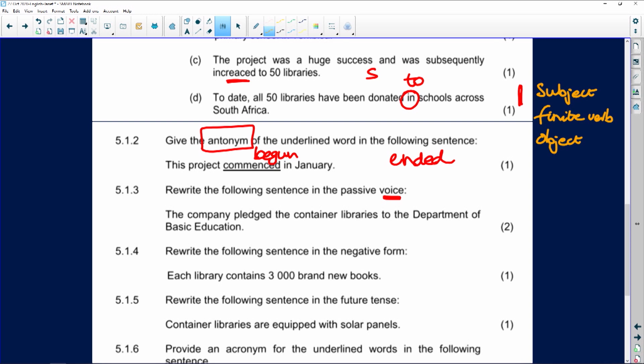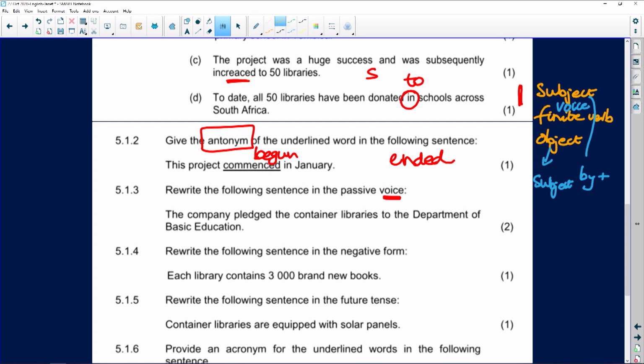When you go to the passive, the subject is going to become the new agent and go after the word by. The finite verb will change its voice from active to passive, and the object will become the new subject.